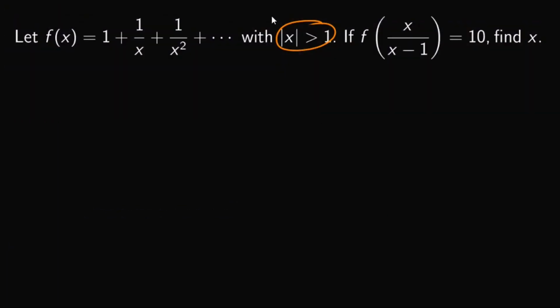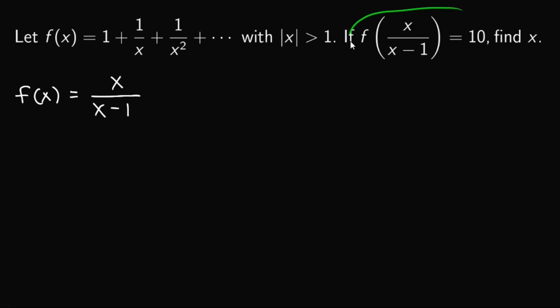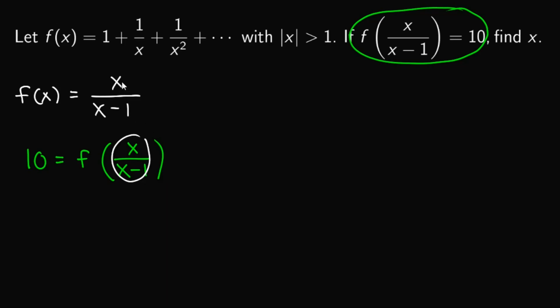So again, we have f of x equal to x over x minus 1. To find x this time, we'll use this one out here. We know that 10 is equal to f of x over x minus 1, so we simply plug in this value.